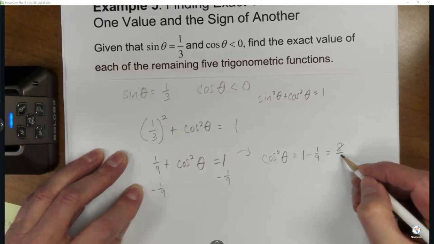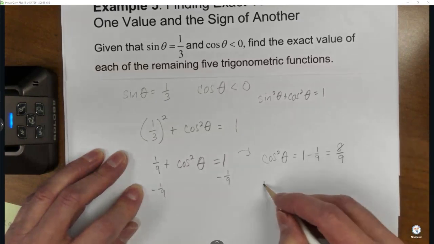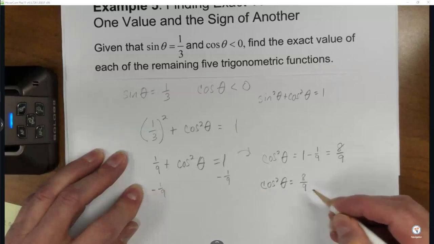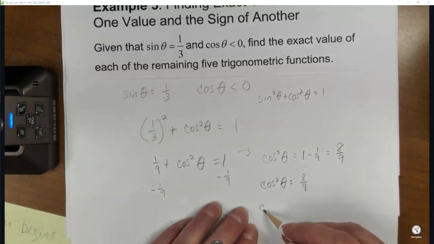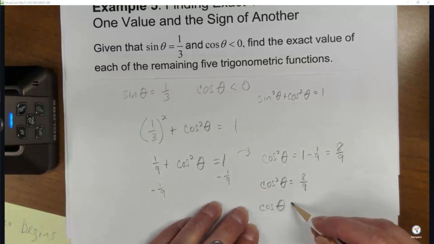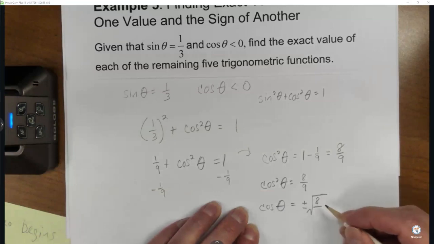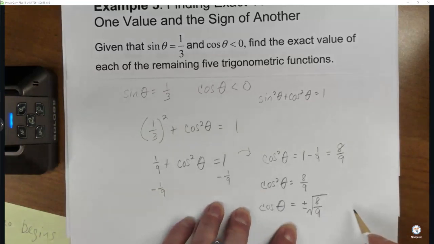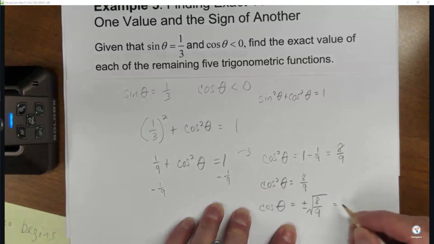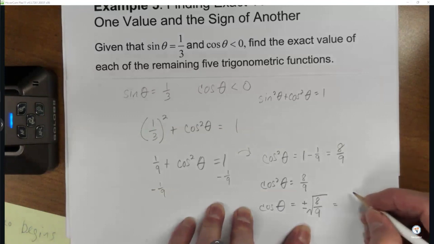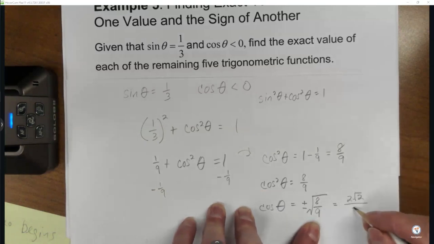So that's 8/9. So if cosine squared theta equals 8/9, then I know that the cosine of theta is equal to plus or minus the square root of 8/9. Okay, so remember this is the square root of 8 over the square root of 9. If you simplify the square root of 8, you'll get 2 times the square root of 2, and the square root of 9 is 3.